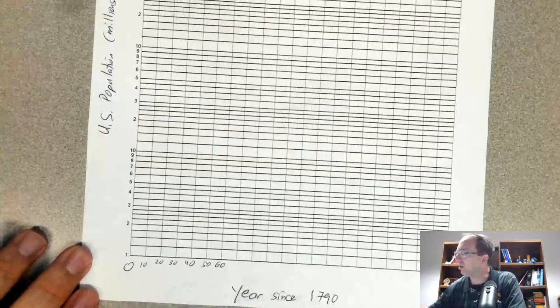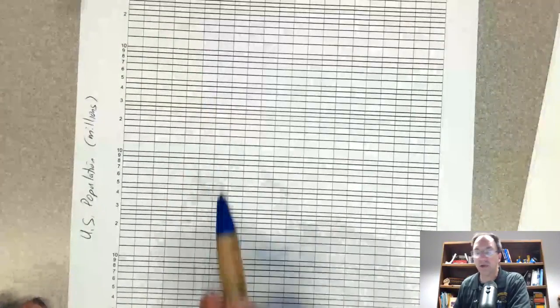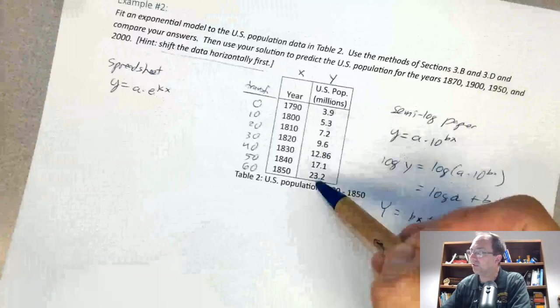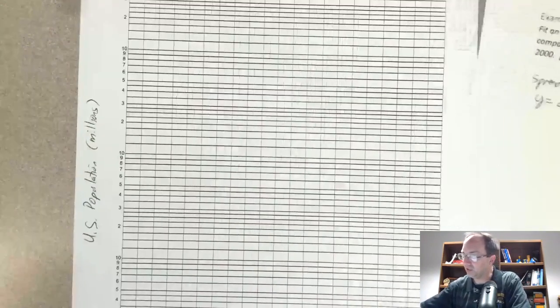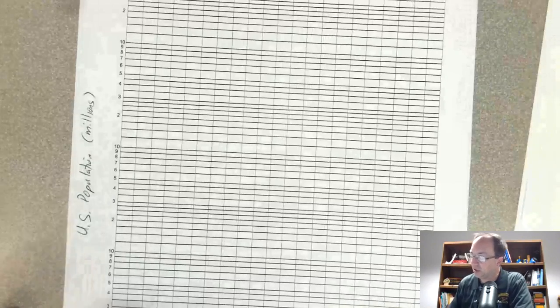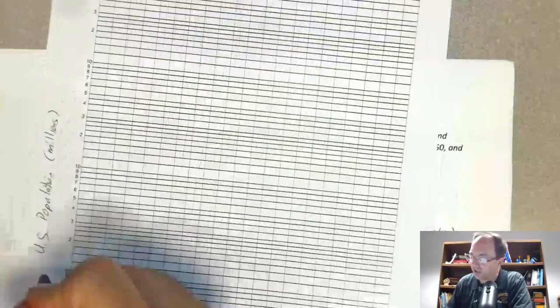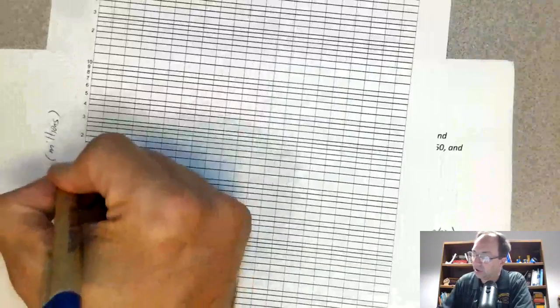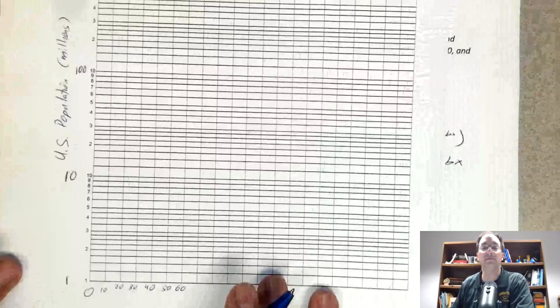Then recall our y-axis is logarithmic because we are transforming that data. Notice we're going anywhere from 3 to 23, so we don't need very many cycles. We will just leave this at 1 and leave this at 10, and then we'll have 100 up here. That should be enough for all of our data.